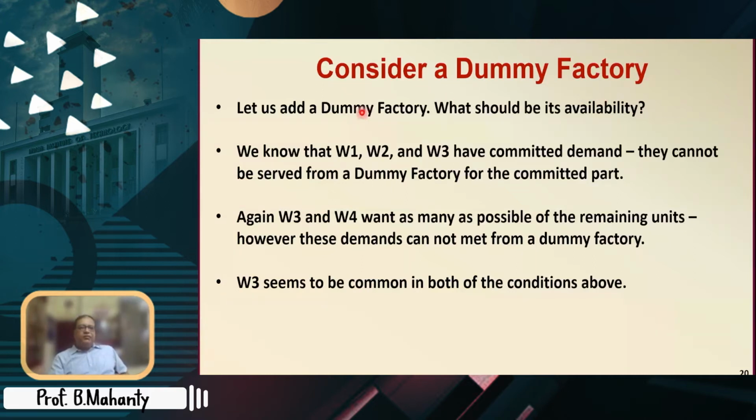If we add a dummy factory, what should be its availability? We know that W1, W3 have a committed demand. They cannot be served from a dummy factory for the committed part. Again, W3, W4 want as many as possible of the remaining units, and W3 seems to be common in both of the conditions above.